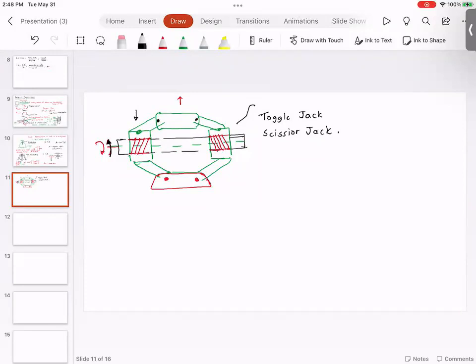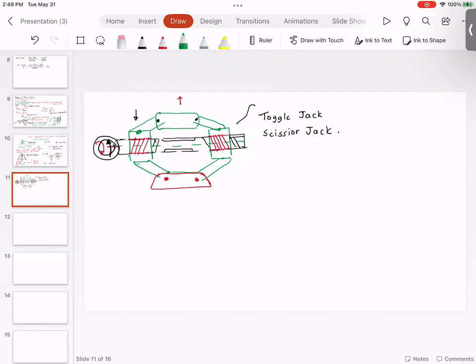So what you have is you have the nut, with clockwise and counterclockwise threads on either side. You have a screw, and the screw will also have the same types of threads. And then here there is no threads. And then typically there will be some type of attachment point where you attach the lever and rotate.